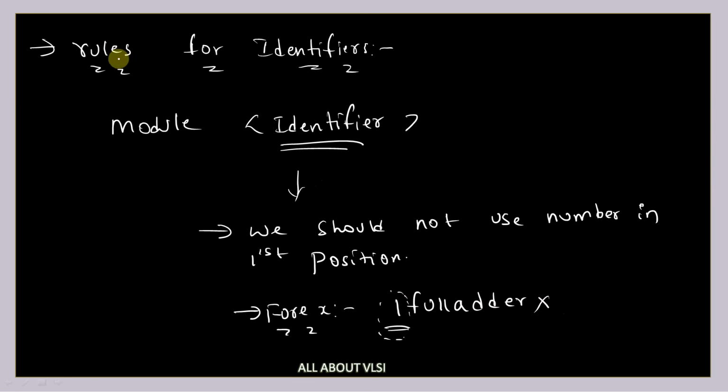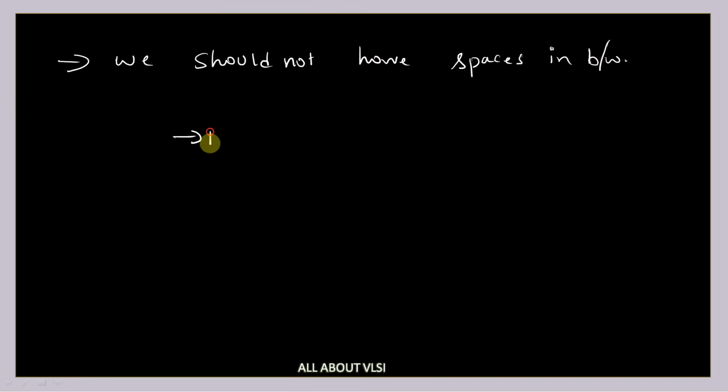Okay. And the next rule is we should not have any spaces in the identifier. We should not have spaces in between. For example, full space adder. This is wrong.